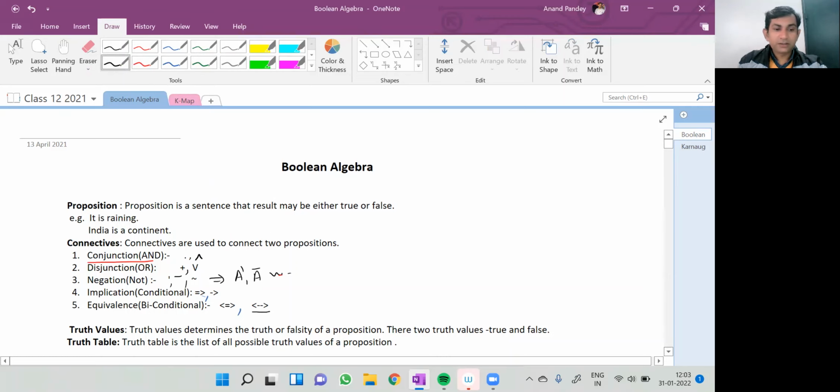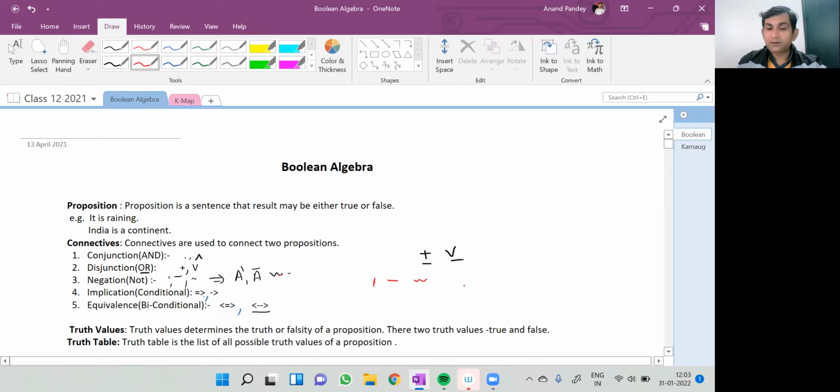Another is disjunction, which is also called or. For the or operation, we use the connective plus or this other symbol, either one. For negation there are three symbols: one is dash, another is bar, and the third is the tilde symbol.